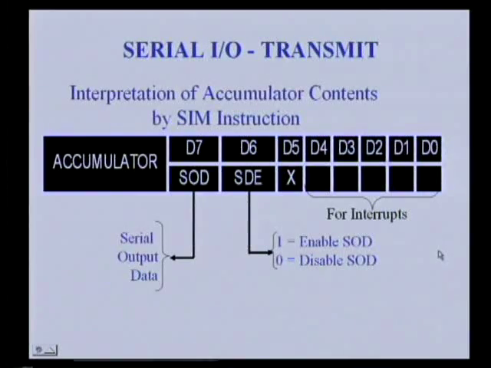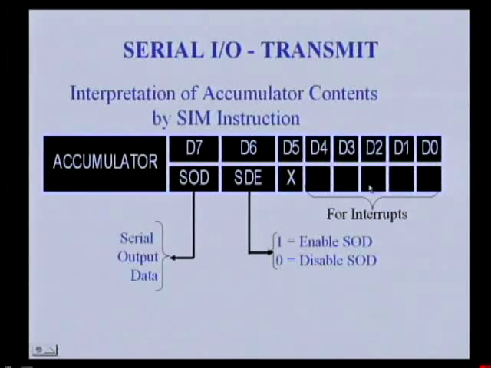For serial I/O, for sending data through the SOD pin, the SIM instruction is used. The SIM instruction makes use of the accumulator contents. Interpretation of accumulator contents by the SIM instruction: see, the accumulator's 8 bits are interpreted this way.